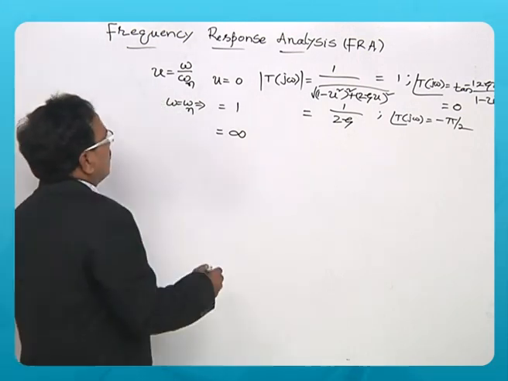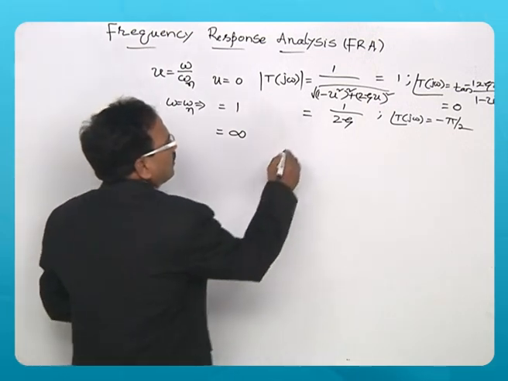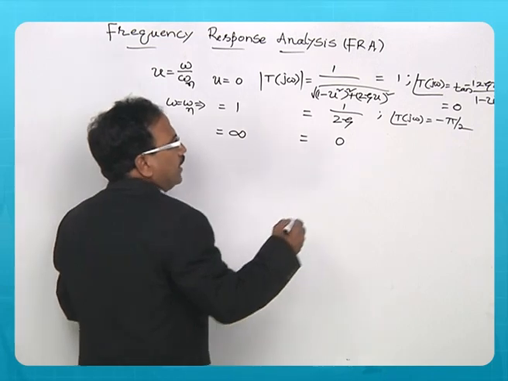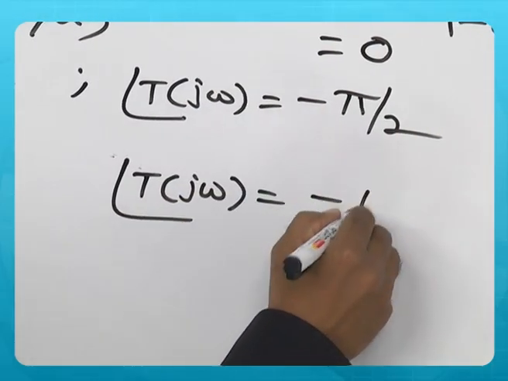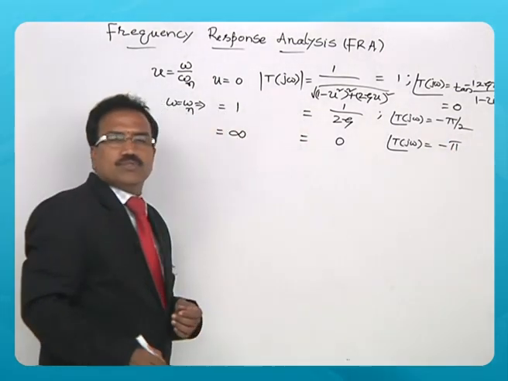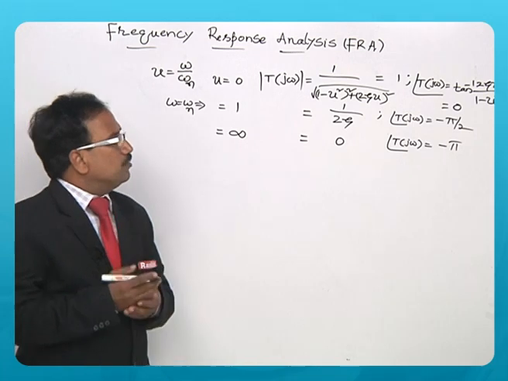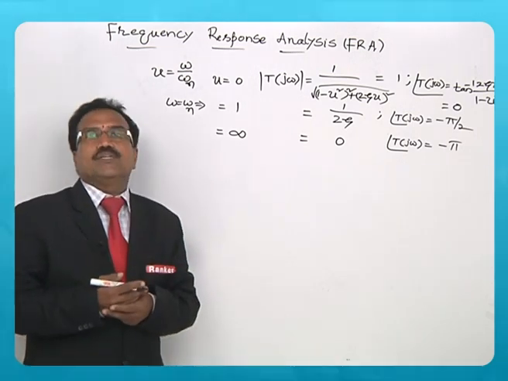Now for the higher extreme, when normalized frequency is infinity, the magnitude becomes 0 and the phase angle becomes minus pi. So the phase angle varies from 0 to minus pi and the magnitude varies from 1 to 0.